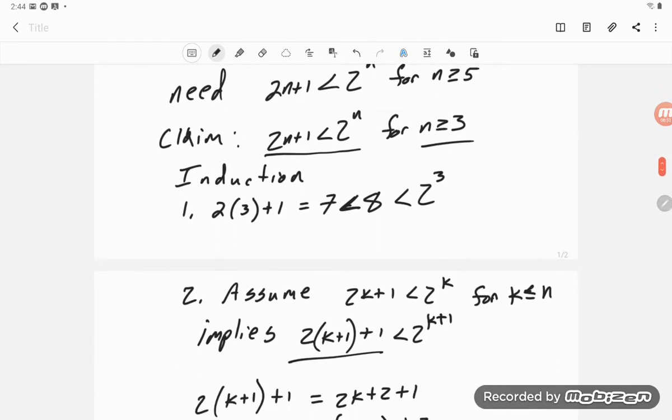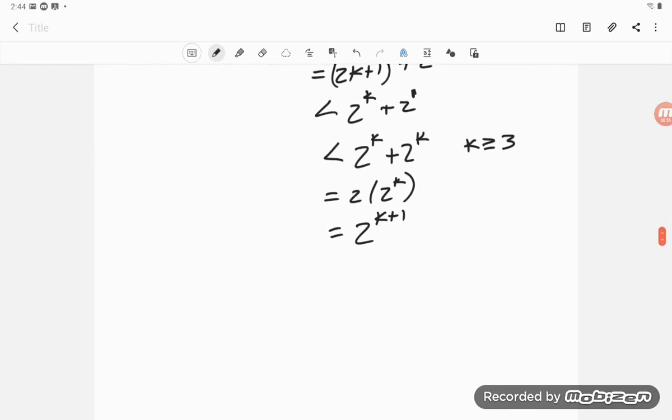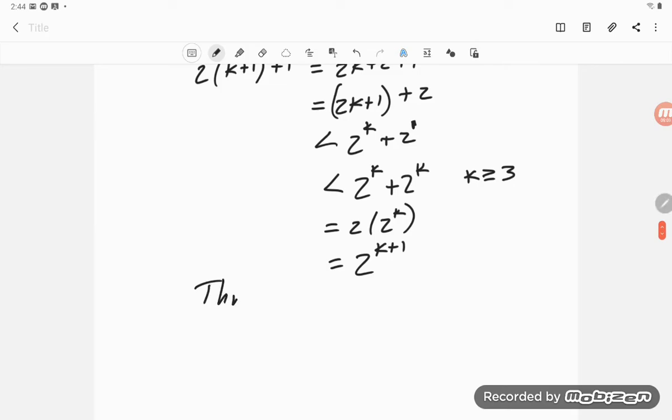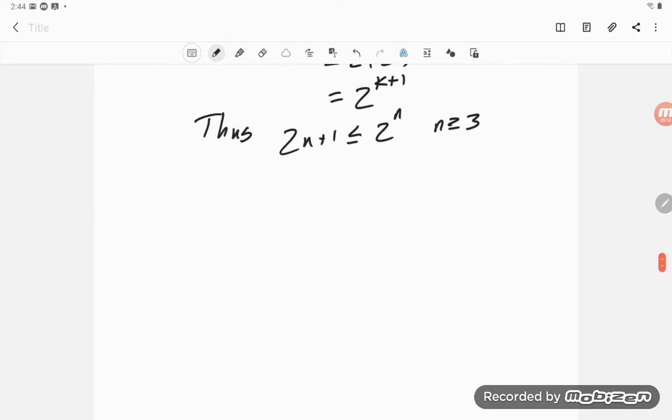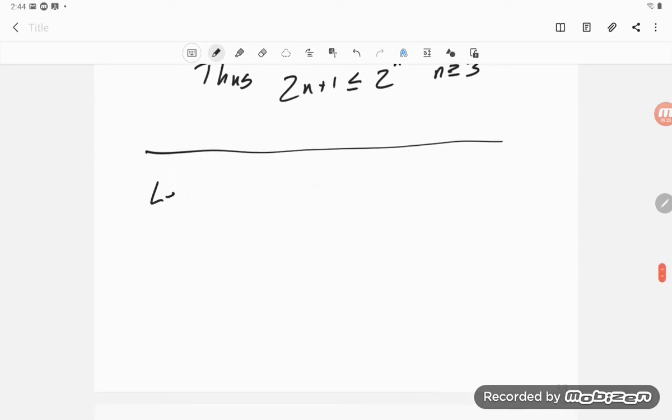Now, so suppose you have to do something like this, for a bigger problem. So thus 2n plus 1 is less than or equal to 2 to the n for n greater than or equal to 3. Okay. So what you would do in a bigger problem or a paper or something like that is actually you would start with something like a lemma. Okay, so here would be lemma 1.